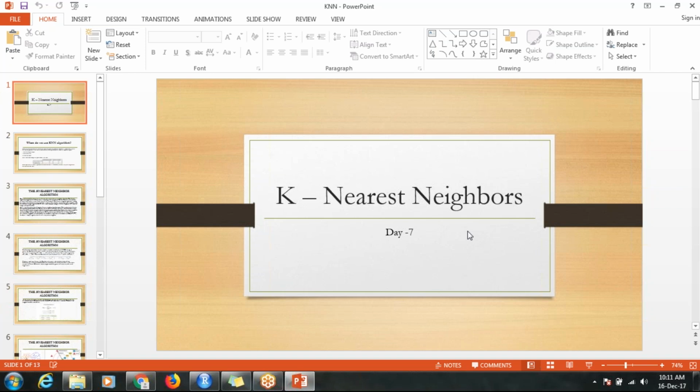Someone who is very new to machine learning techniques will find KNN easier to grasp, because there are not many mathematical terms associated with it.